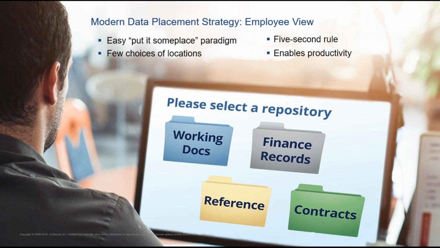If I'm in finance, I should only see the 6 or 7 record codes that apply to my area. If I'm going to allow that type of easy-to-use flexibility to have all kinds of different information in the same place, then I need to have a few choices that I pick from in order to save that, a few content types.